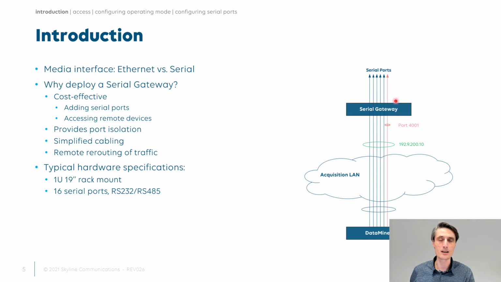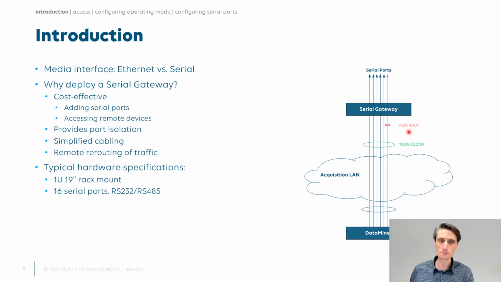You could have different flavors with only 1 or 2 or 4, 8, up to 16, 32 serial ports. In this case, we will use the Moxa device, and by default, they use 4001 as the port to connect to the first serial port. 4002 will be the second, 4003 the third, etc.